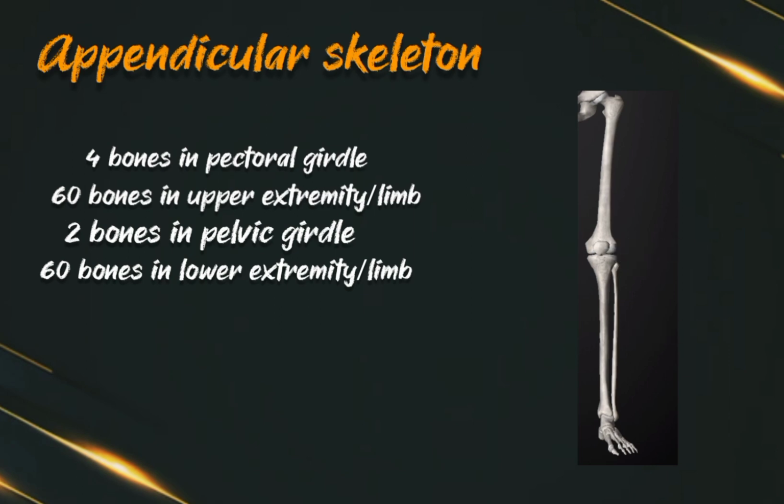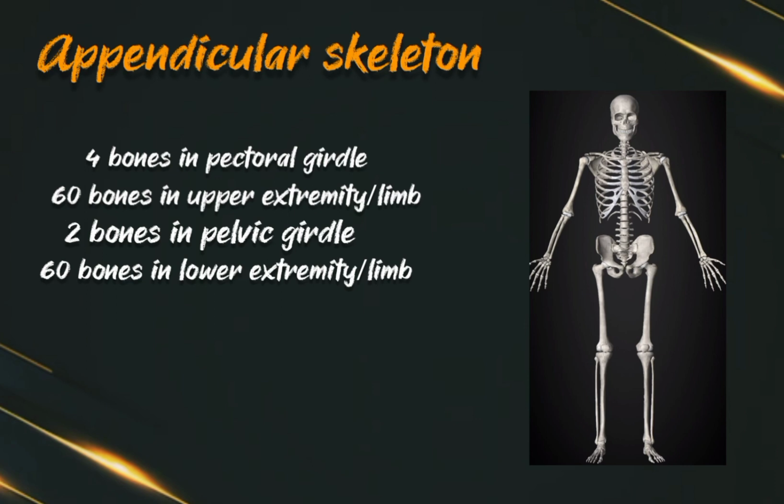Then you will find 7 tarsal bones in the ankle joint, 5 metatarsals, and 14 phalanges at the toes. If you sum these up you get 30. So 30 bones are present in one leg and 30 in the other, which also makes 60.